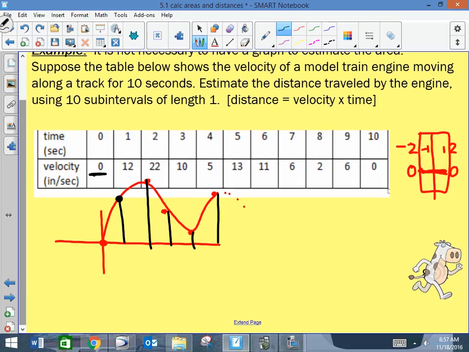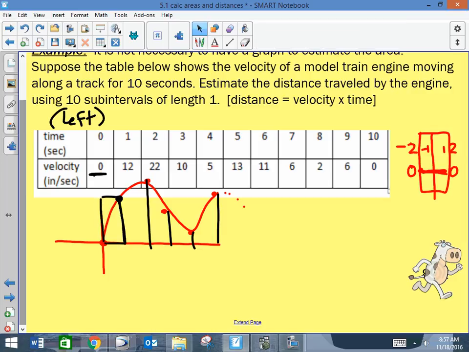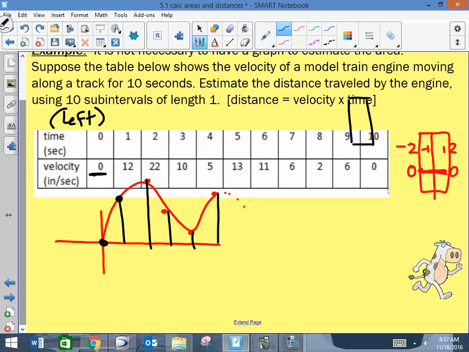So let's say we want to do left. Okay? All right, so this first rectangle, what is its height from the left? And draw it in there, right? It's 0, right? Okay, so we know length times width. The width is going to be 1 for the whole problem, correct?